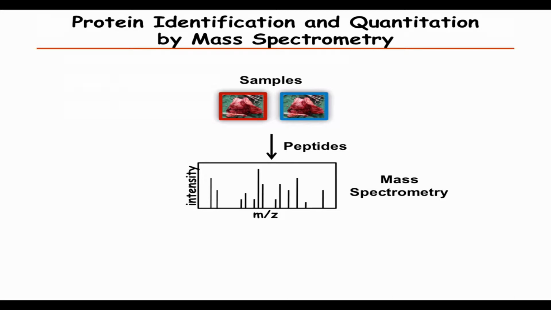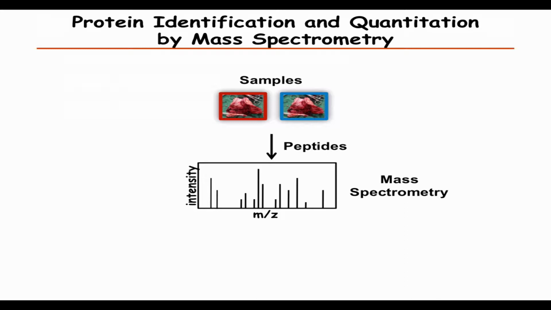So on the general overview of how one uses mass spectrometry to identify and quantify proteins is that one takes samples, goes through many steps of processing, and then finally ends up with small peptides, and then analyzes these in a mass spectrometer.